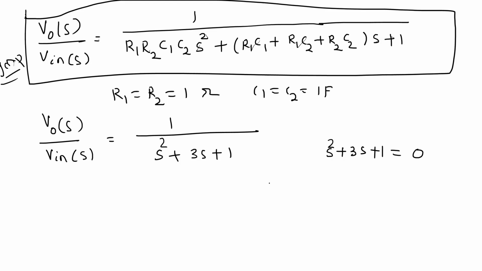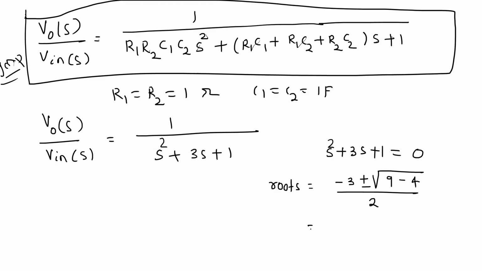So what is the root? Roots are minus b plus minus square root of b square minus 4ac, divided by 2a. So minus 3 plus minus the square root of 9 minus 4 into 1 into 1, divided by 2 into 1.